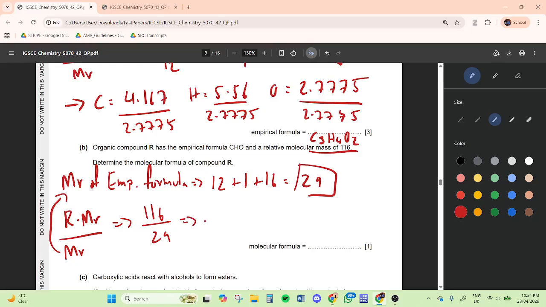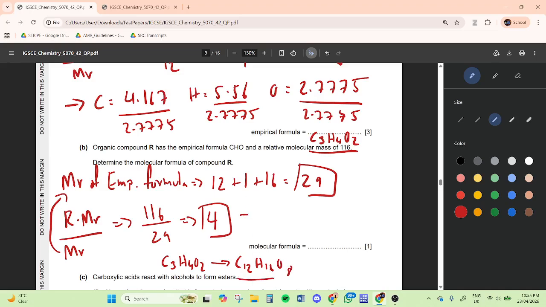And again, you get a nice clean number, 4. But what do you do with this number? You multiply all the numbers with 4. So for example, if this was C3H4O2, our previous one, then this would be C12H16O8.